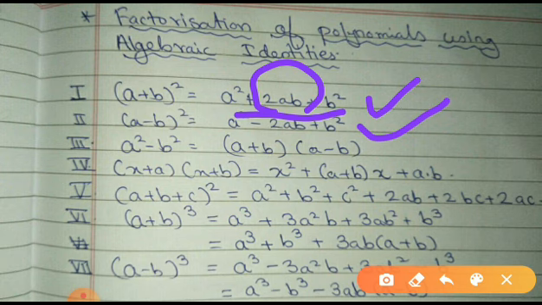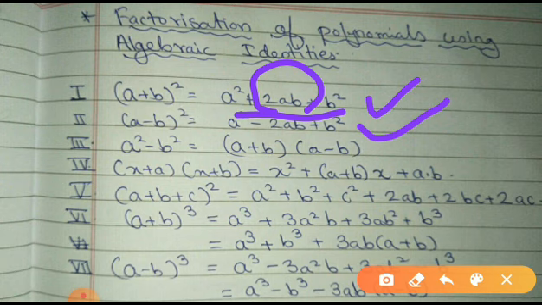Only then I can make use of these two identities. Otherwise, I have to factorize using splitting the middle term. If I am not having those square terms, it will be using splitting the middle term. That we have seen.